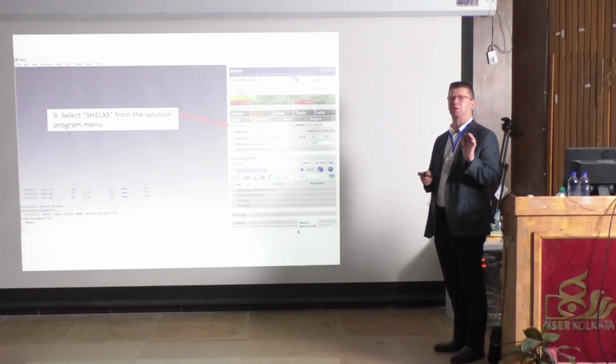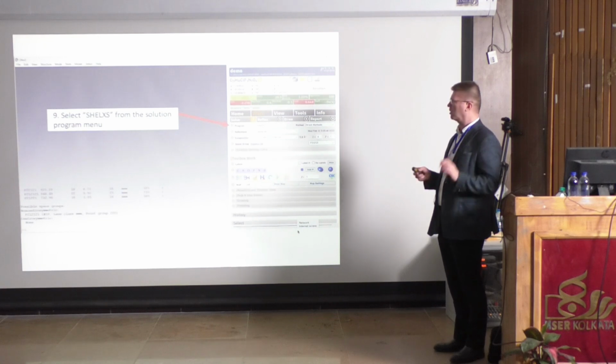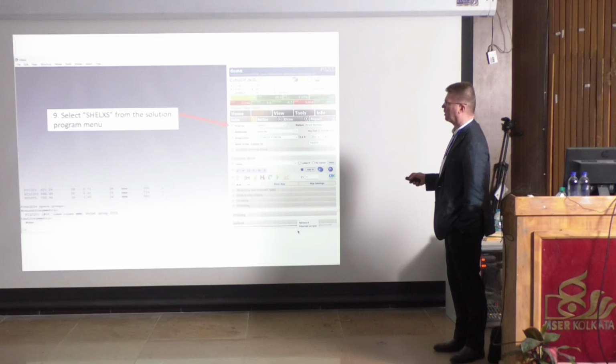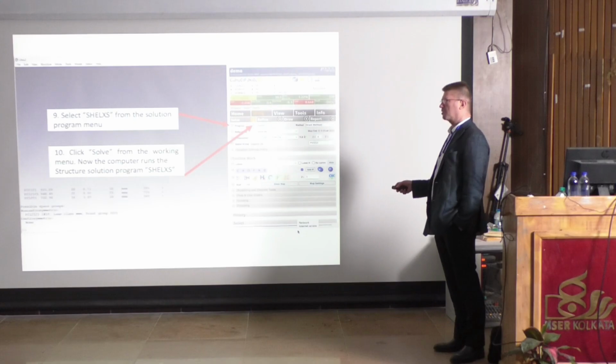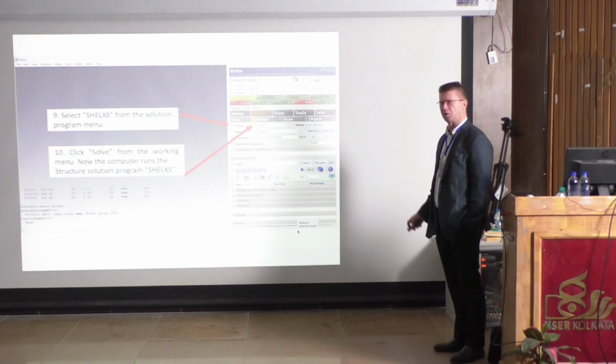So it gives us a presentation of the electron density map. And this is the idea. So select this program in the menu here, and then click solve. Then it runs the program. The computer is now running the structure solution program called Olex2.